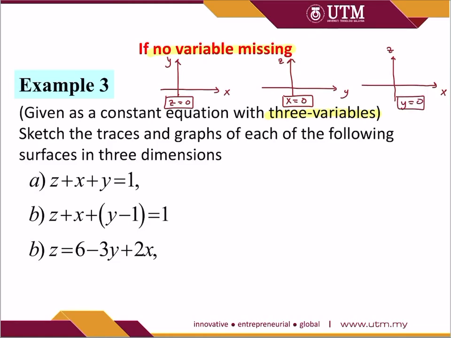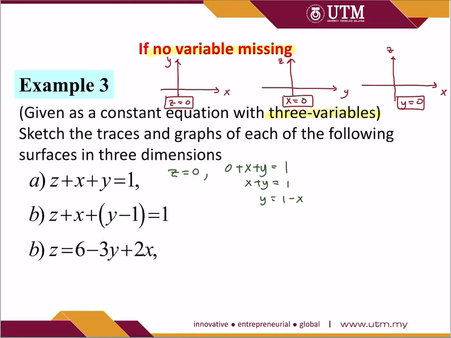So now we want to sketch. When z equal to 0, we have 0 plus x plus y equal to 1. So we have x plus y equal to 1, so y equal to 1 minus x.